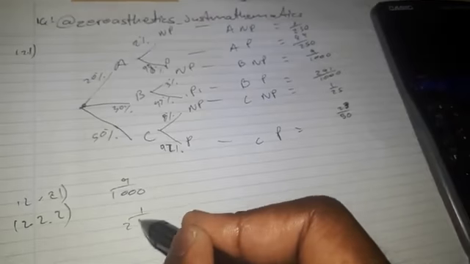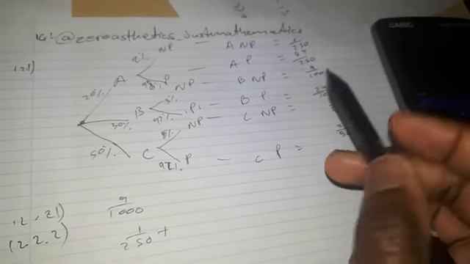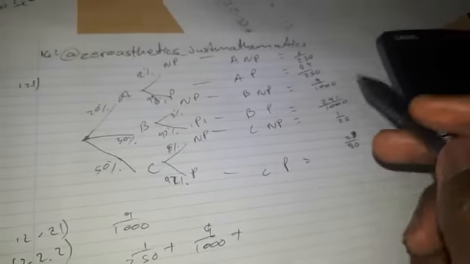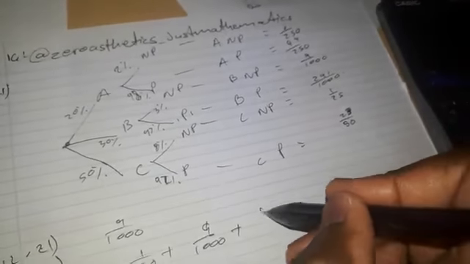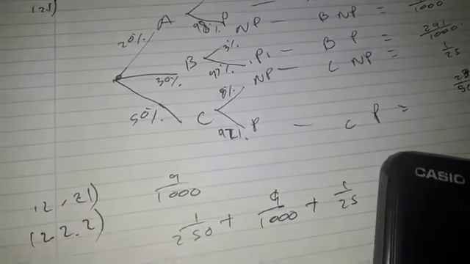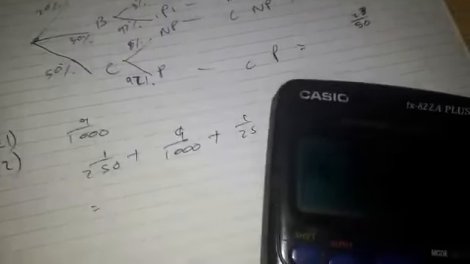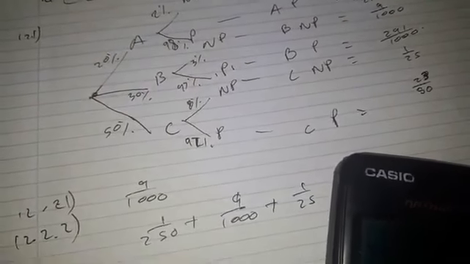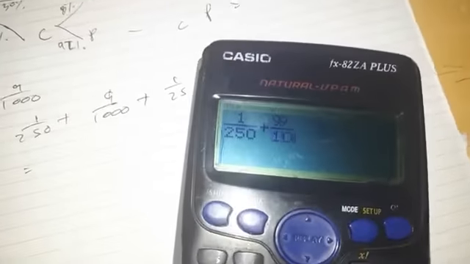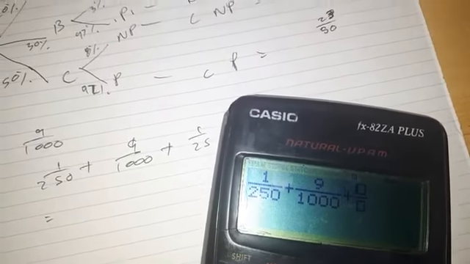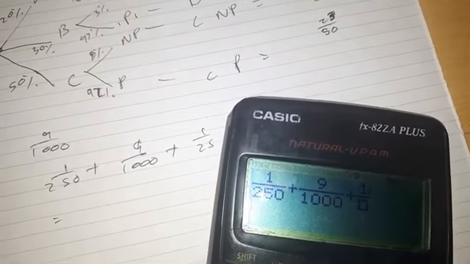So the first one here is 1 over 250 plus 9 over 1000 plus 1 over 25, and then you want to put that in your calculator. Let's see, 1 over 250 plus 9 over 1000 plus 1 over 25.